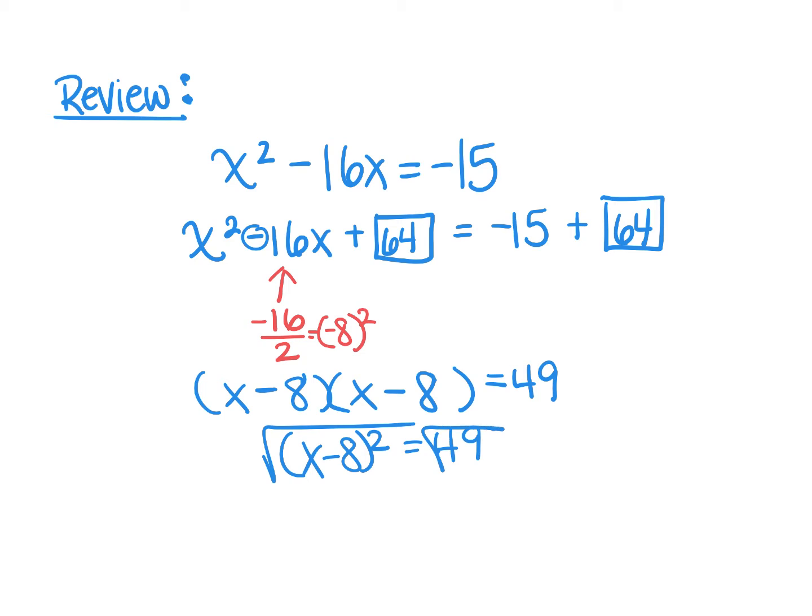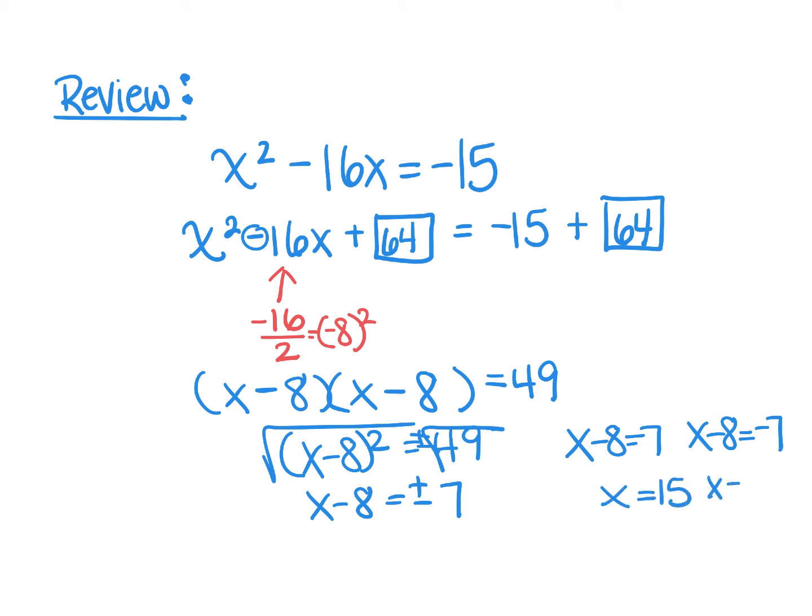Then x minus 8 is equal to plus or minus 7. So we solved, and we had x minus 8 is equal to 7, and x minus 8 is equal to negative 7. And the two values for x are 15 and 1.